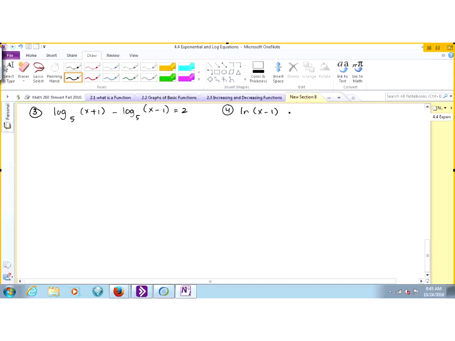And then this one is ln of x minus 1 plus ln of x plus 2 is equal to 1. All right. I think the last one, you have to use the quadratic formula.